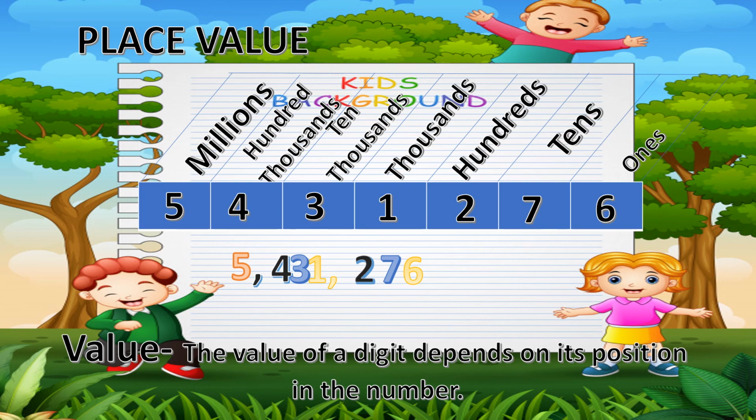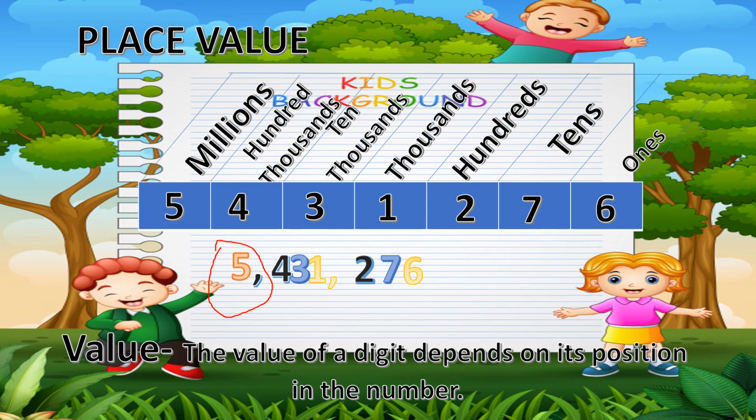The value of the digit depends on its position in the number, but it's different when we read the number. We're going to start on the left, with the number 5, so we can read the number.